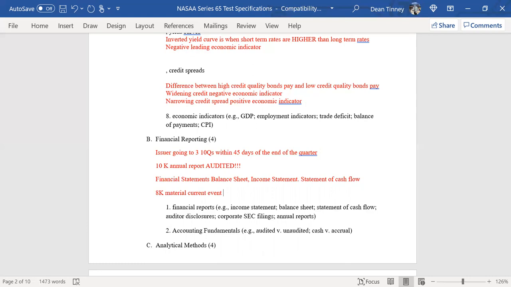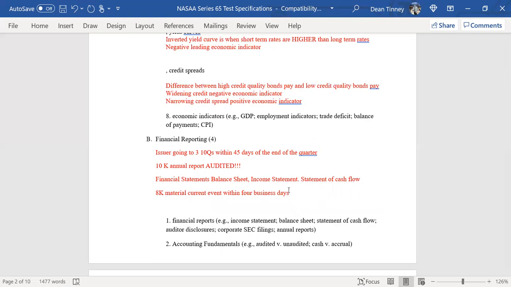And we would make that within 4 business days. We're talking about financial reporting to the SEC, but remember this also, the 10Qs and the 10K are also going to go to the market center in which the stock trades, as well as to our shareholders. All right, so those are some things that the issuer is going to file, but we also have things that investors are going to file.